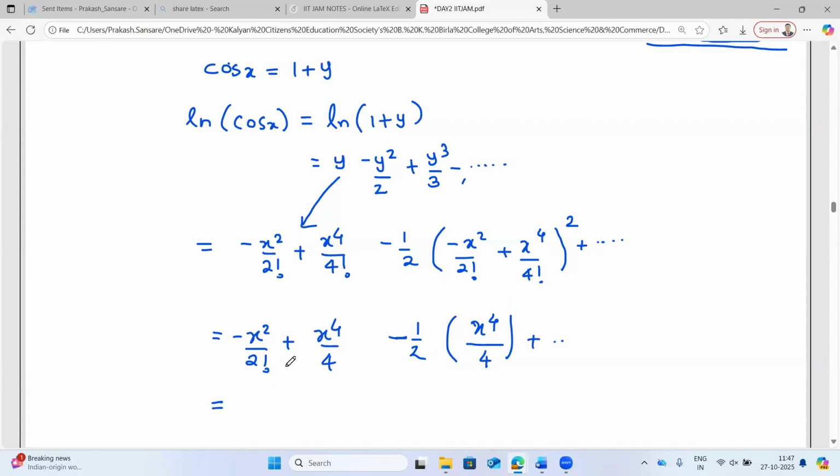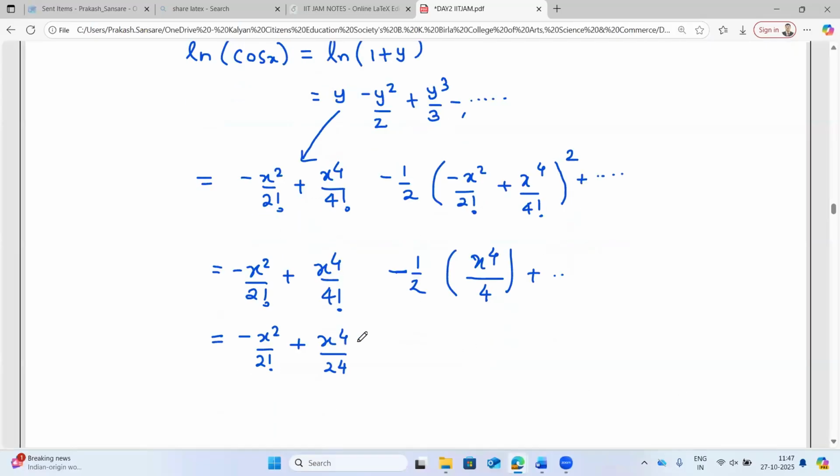So this is equal to minus x squared by 2 factorial plus x power 4 upon 4 factorial, which is 24, minus x power 4 upon 8 plus dot dot dot.